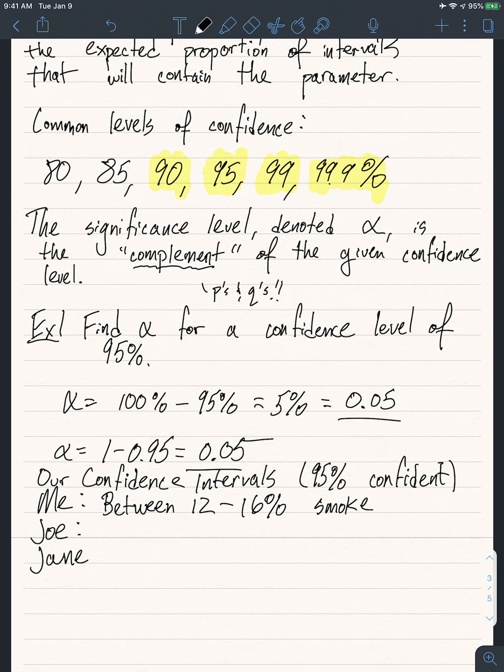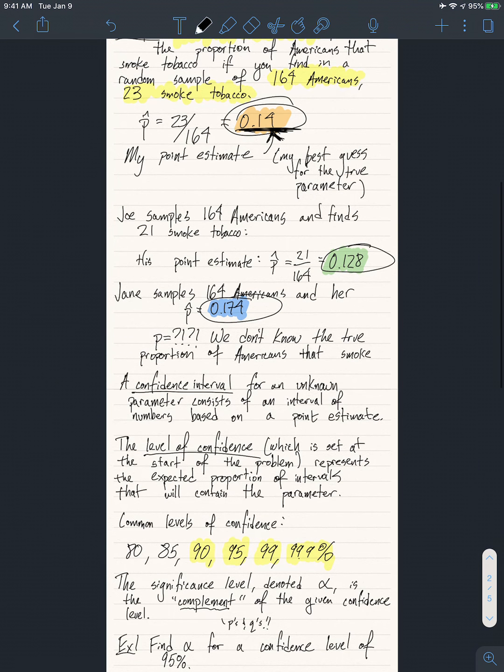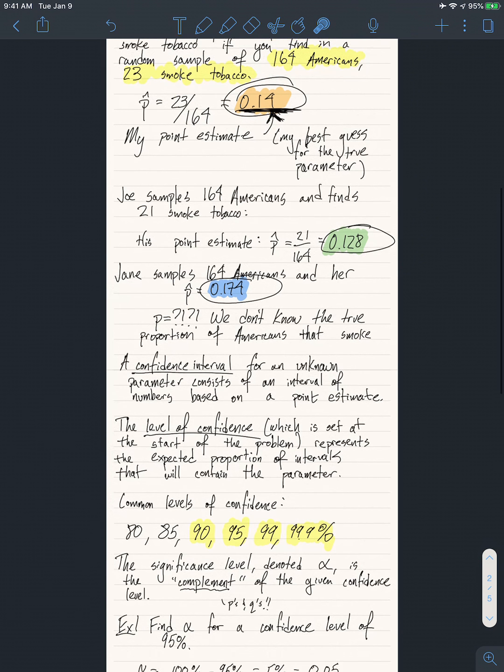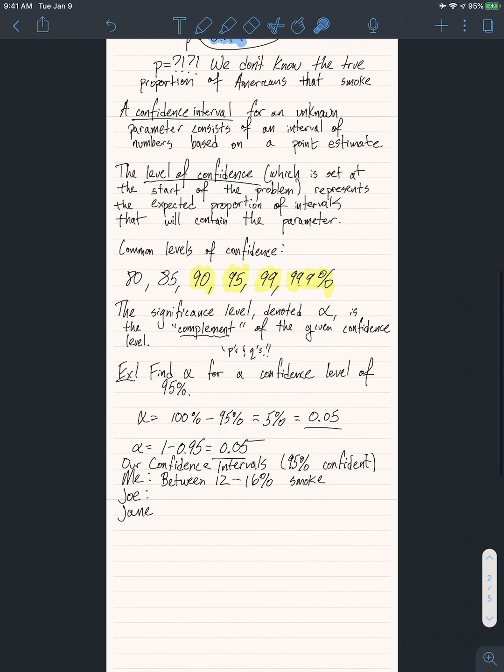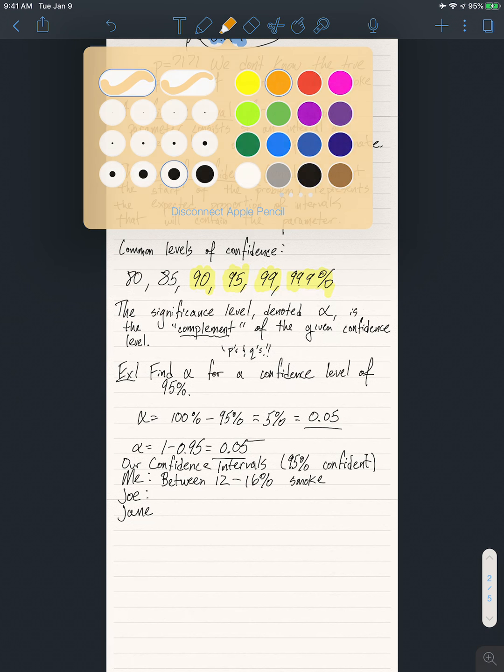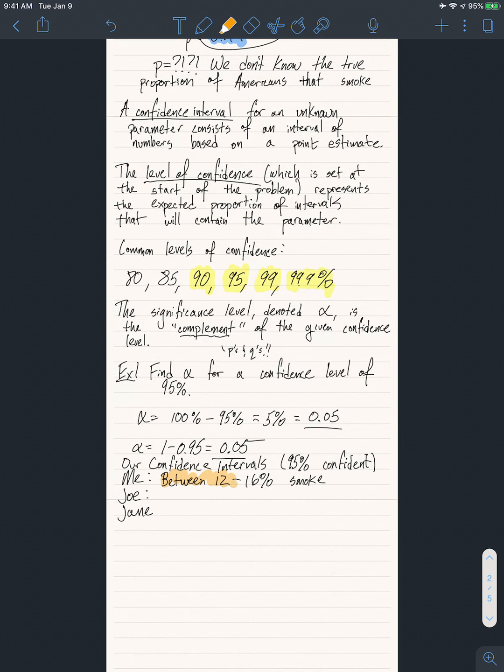So again, I'll get to how this is actually calculated in a little bit, but I want to make sure that we understand why we're doing this. I found 14% in my sample, and then through some math magic, I report between 12 and 16% smoke. I used orange for me.